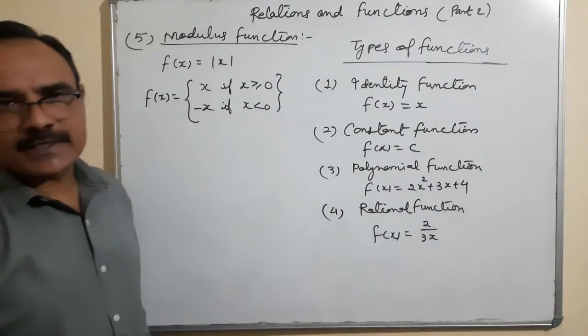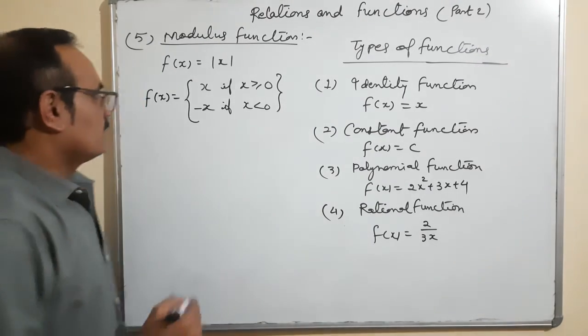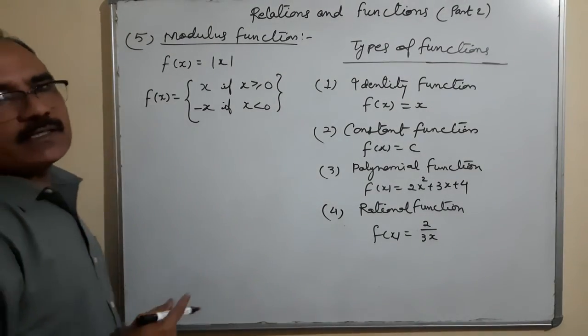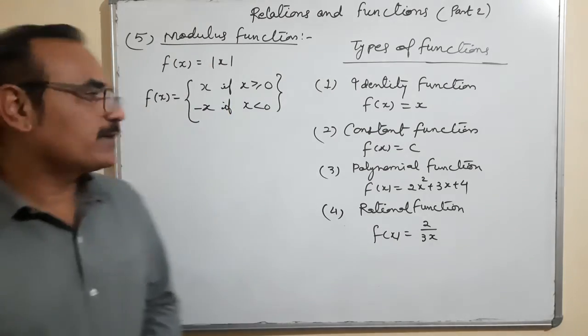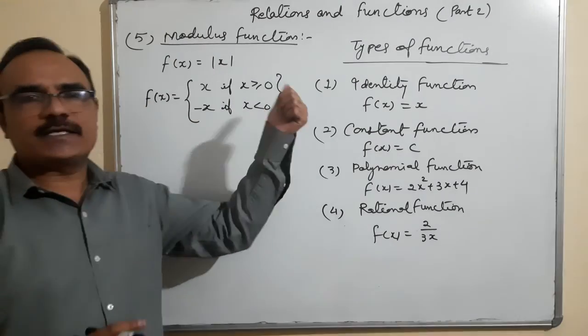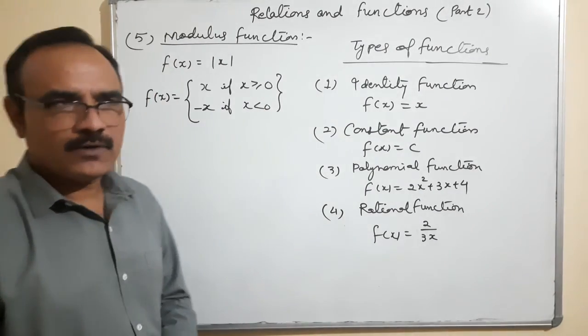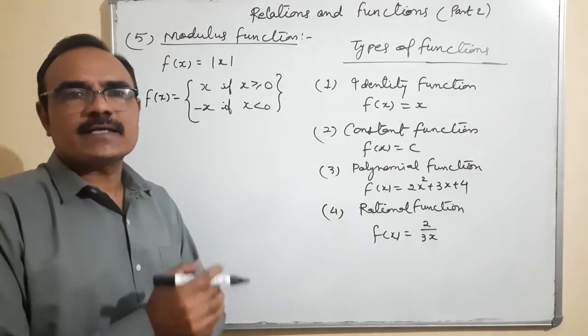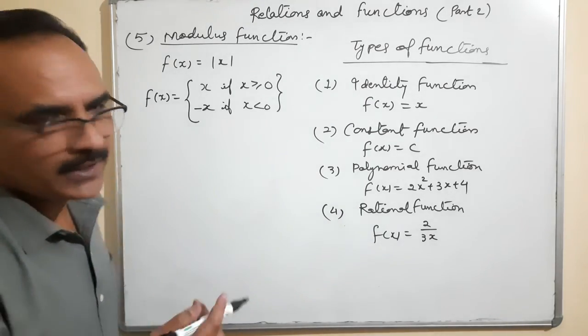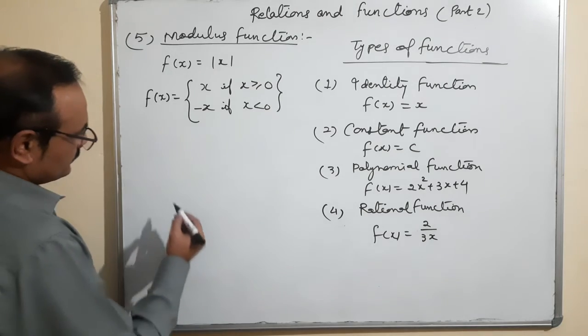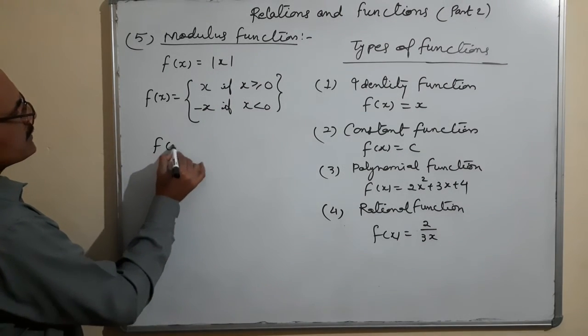I hope you have understood it. No? Define modulus function: f(x) = |x| where f(x) = x if x is greater than or equal to 0, and f(x) = -x if x is less than 0. Let us discuss with the help of a graph.